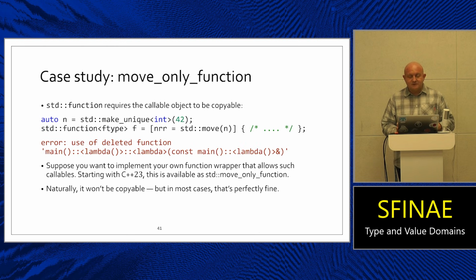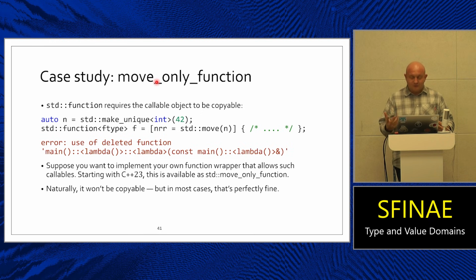And let's take one more short historical detour. Move-only function. std::move_only_function reveals something beautiful about C++ type mechanics. And imagine we do not have move-only function in our language, because in C++23 we do have it. There is no point to implement it.